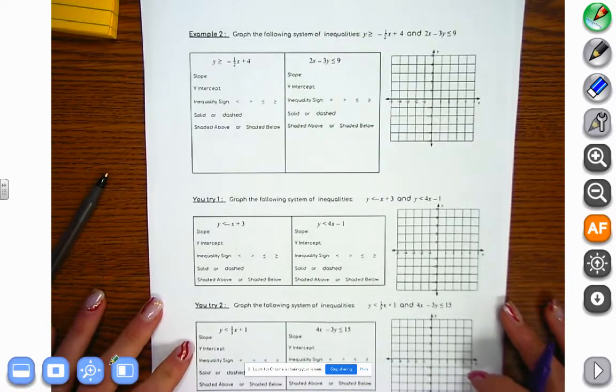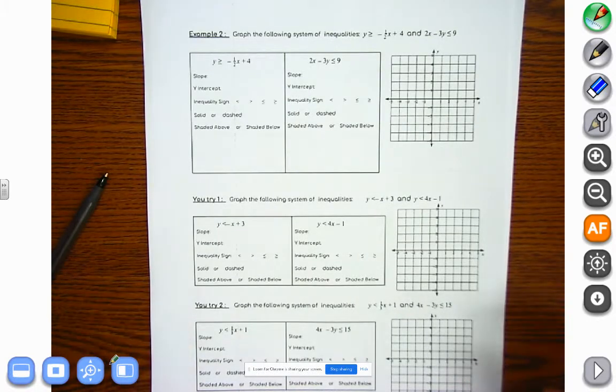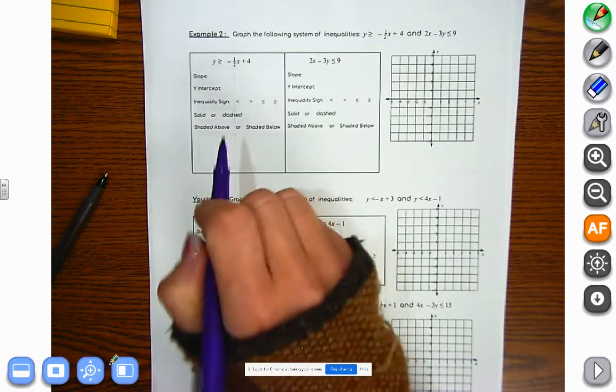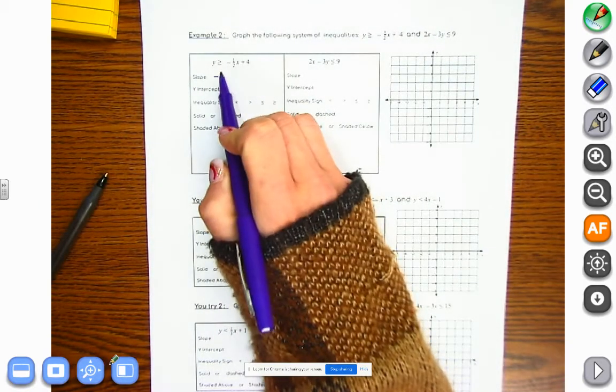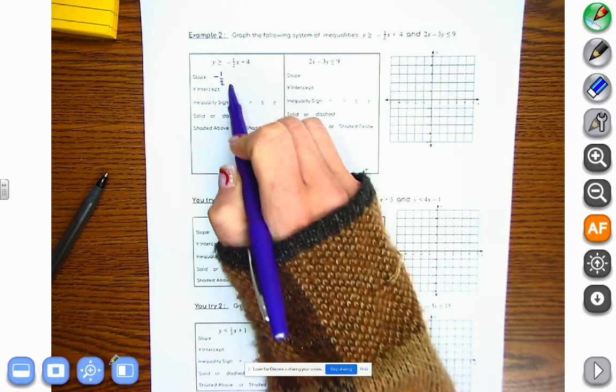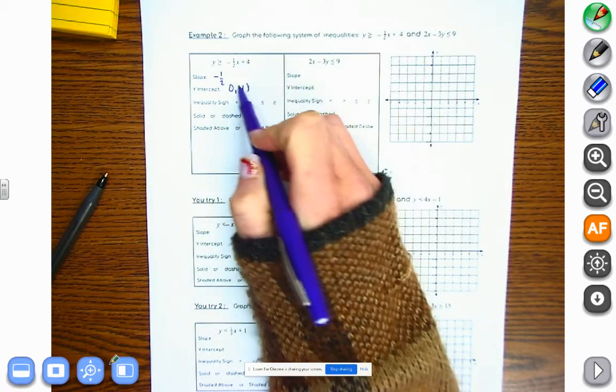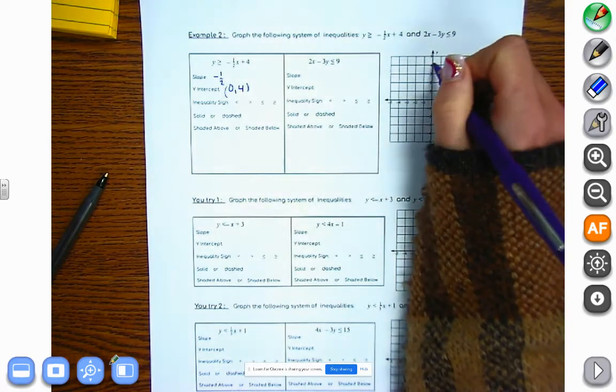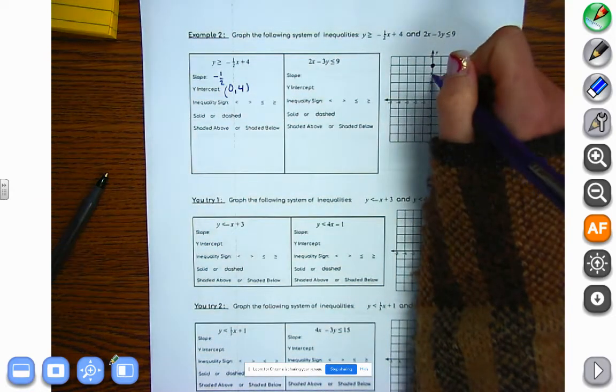Okay, so let's do another example of graphing a system of inequalities. So if we graph our first one, it's in slope-intercept form again. So that's great. We are going to say our slope is -1/2, and our y-intercept is 0, 4. So 0, 4, down 1/2.